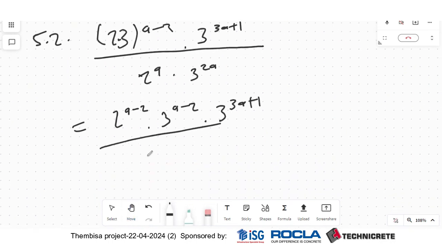And we're going to keep our denominator as it is for now: 2 to the power of a times 3 to the power of 2a.